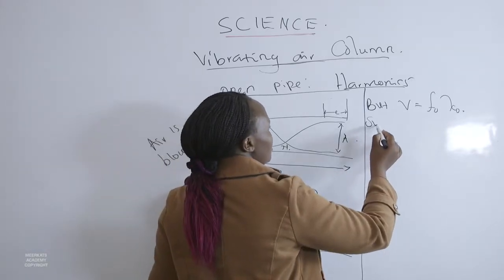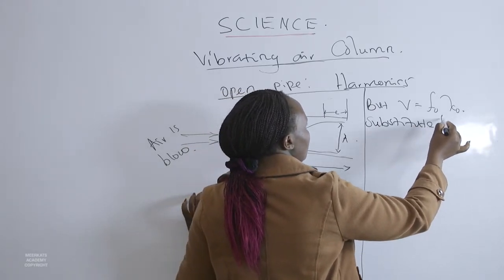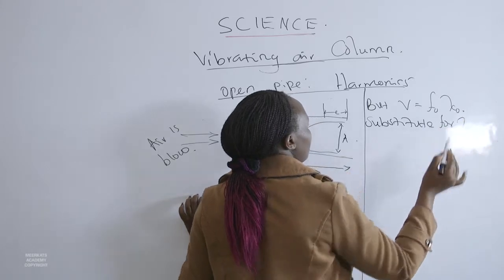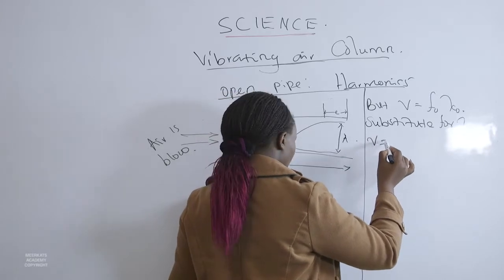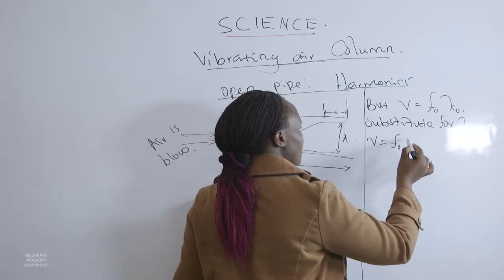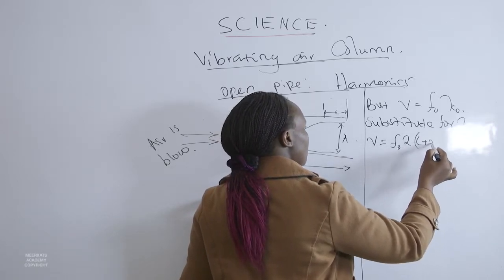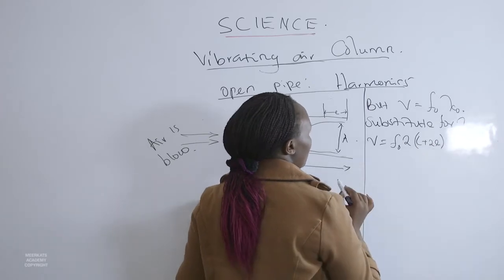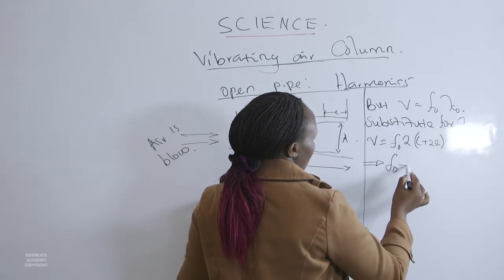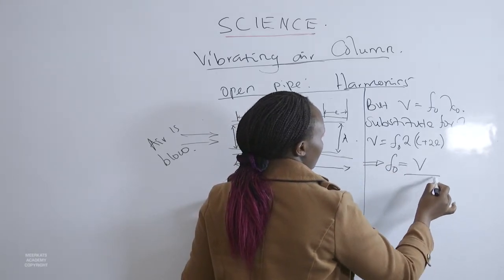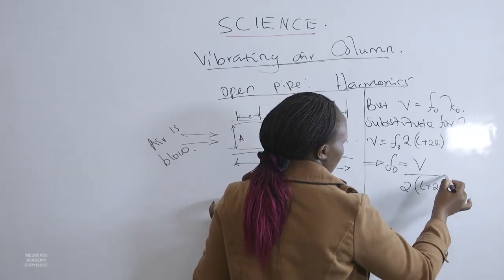Here we substitute for lambda, and now the expression becomes V equal to f naught times 2 into (L plus 2E), implying that the fundamental frequency is going to be given by V over 2 into (L plus 2E).